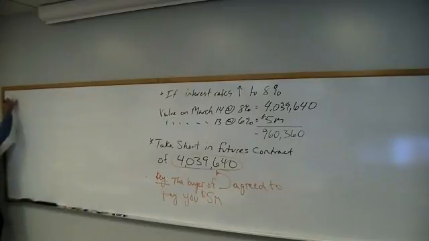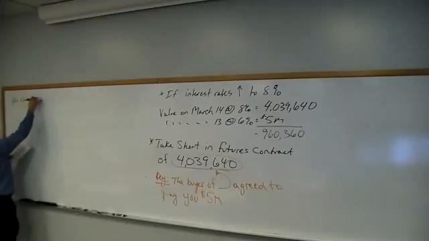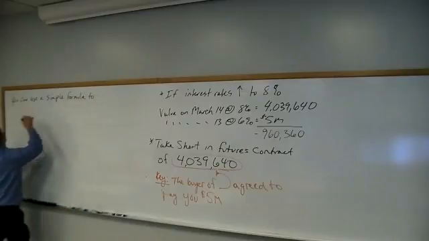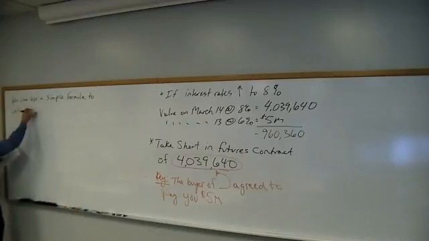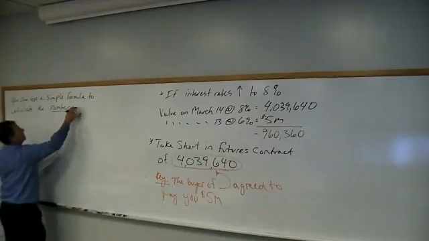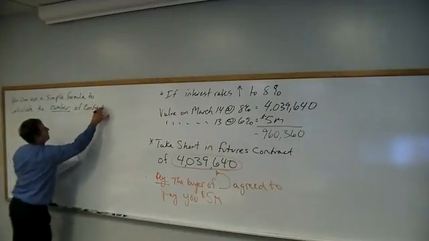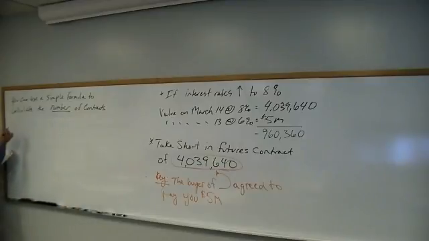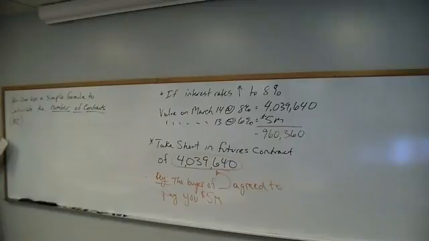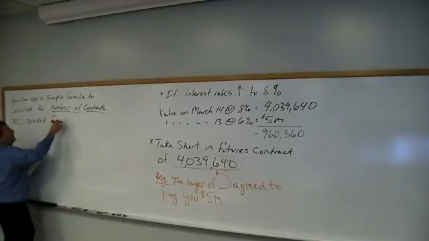So you can use a simple formula to calculate the number of contracts needed, which we're going to call NC, the number of contracts needed for a hedge.